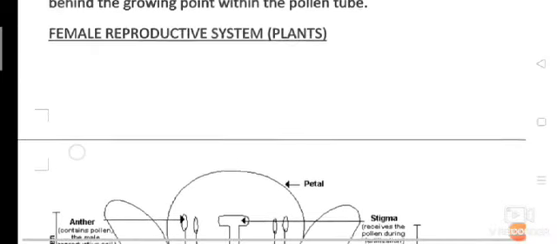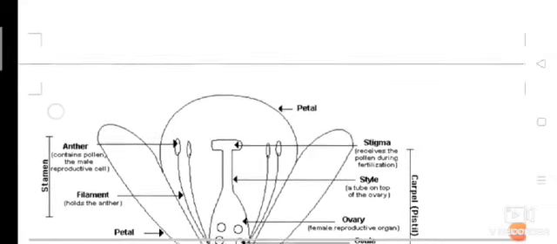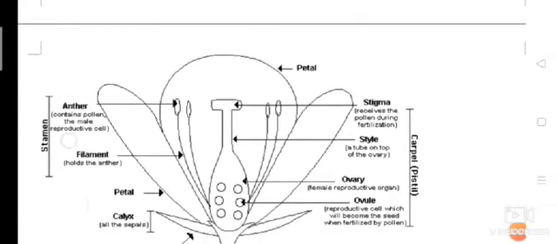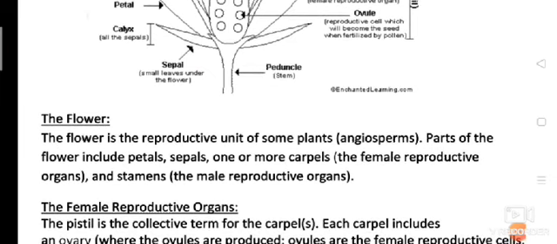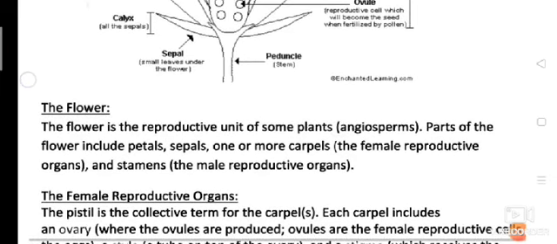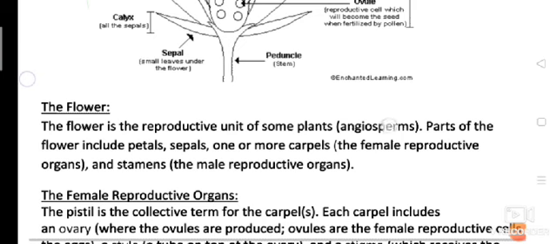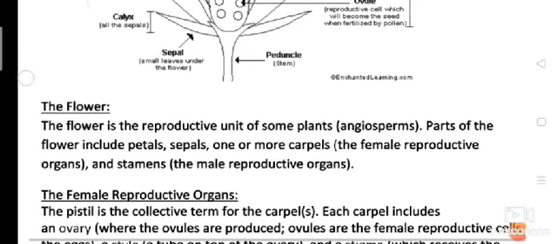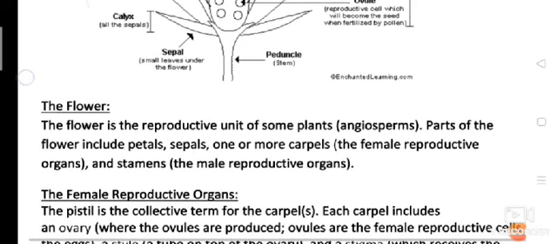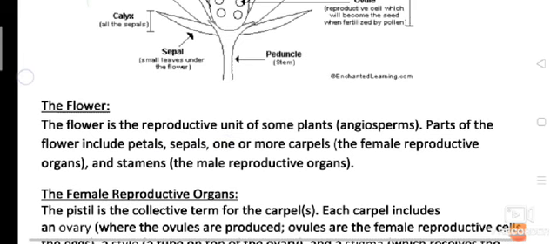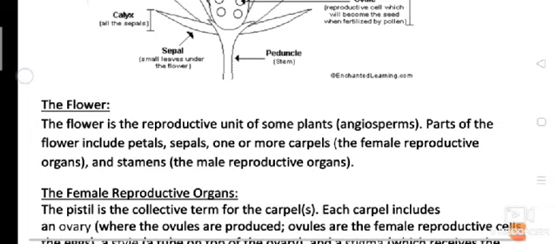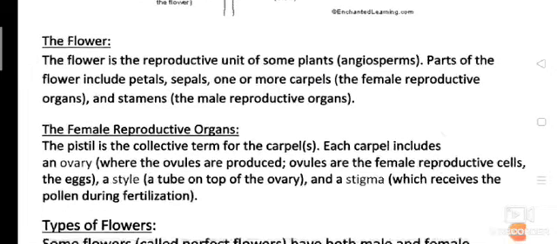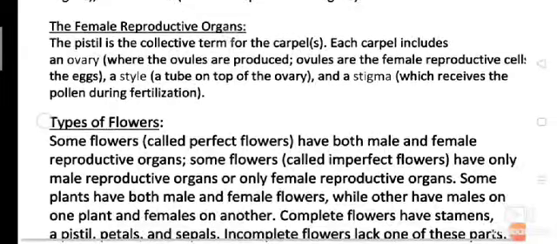Female reproductive system: stigma, style, ovary and ovule. The flower is the reproductive unit of some plants. In angiosperms, parts of the flower include petals, sepals, one or more carpels, the female reproductive organs, and stamens, the male reproductive organs.